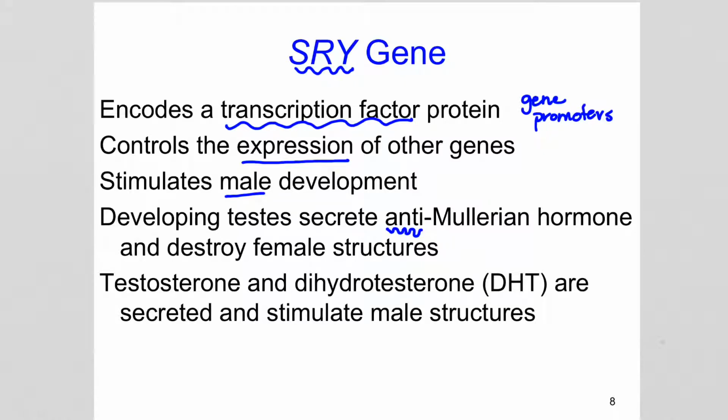So once we've gotten rid of the Müllerian ducts, we have the production of testosterone and dihydrotestosterone, which is called DHT. Clearly, I am not very good at pronouncing that.